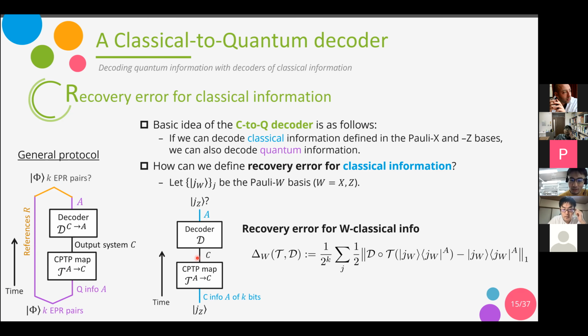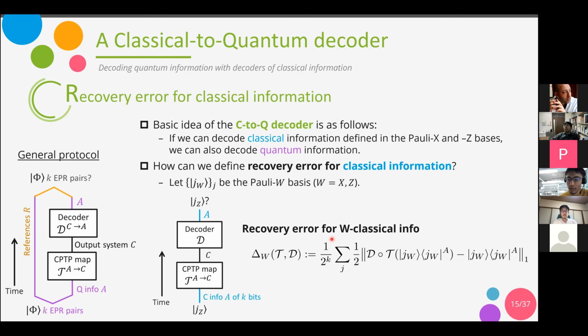Based on this, we can define the recovery error for W classical information by this equation. Here |j_W> is the initial state, in this case |j_Z>, right? Then this term is where we apply the CPTP map T and then apply the decoder. So we are trying to decode or recover this j state by applying the decoder. The 1/2 is just normalization.